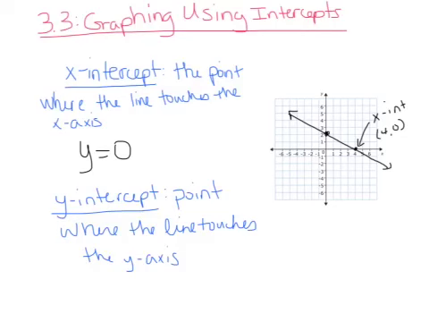And actually, you will have x equals 0. So it will be at the point 0, 2. So just like with the x-intercept, where y was always equal to 0, the y-intercept is always going to happen when x equals 0.